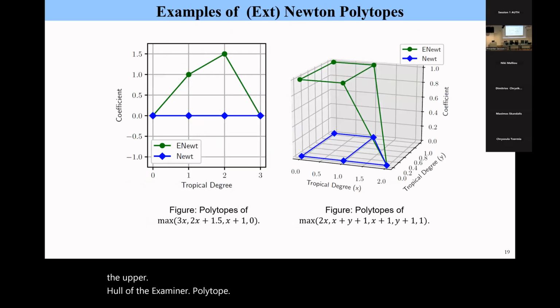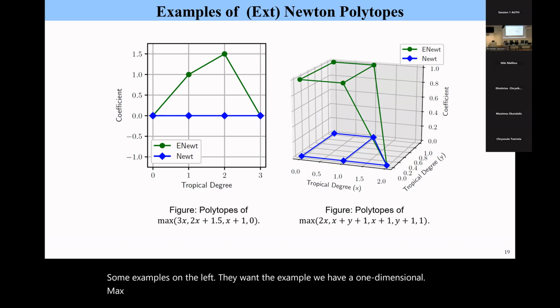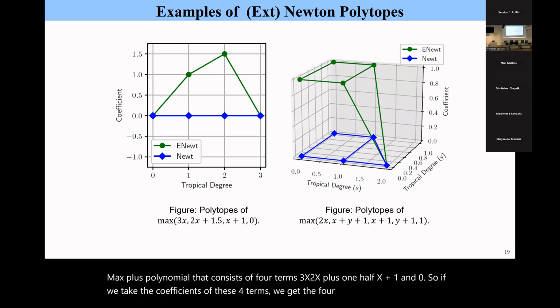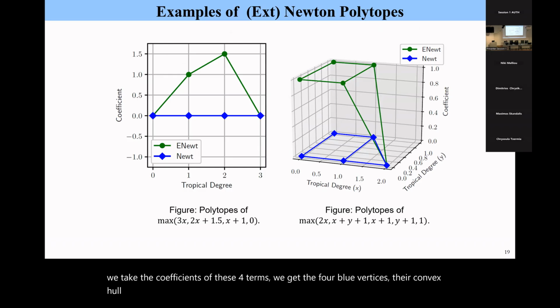Some examples. On the left, a 1D example. We have a one-dimensional max-plus polynomial that consists of 4 terms: 3x, 2x plus 1/2, x plus 1, and 0. If we take the coefficients of these four terms, we get the four blue vertices. Their convex hull gives me the Newton polytope.